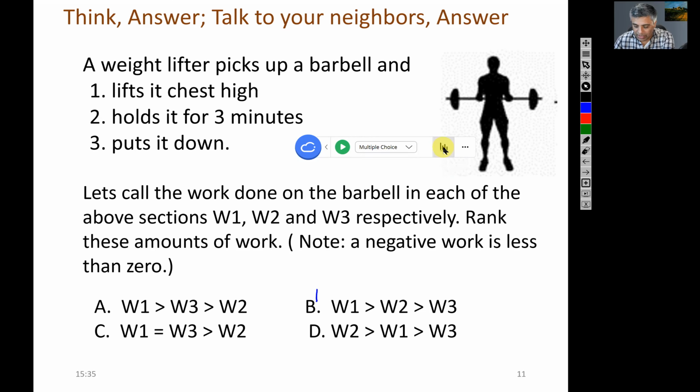Means work done W1 is F times D. Okay. So now holding it means displacement is 0, means work done while just holding it is 0 because displacement is 0.